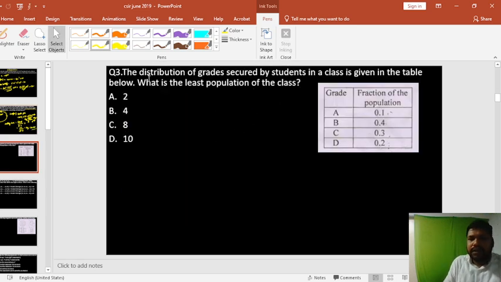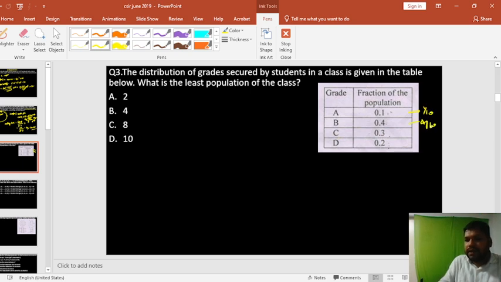Next, you see that the distribution of grades secured by the students in a class is given in the table below. What is the least population of the class? That is what is asked. Grade A is given a fraction of the population 0.1, I can write 1 by 10.